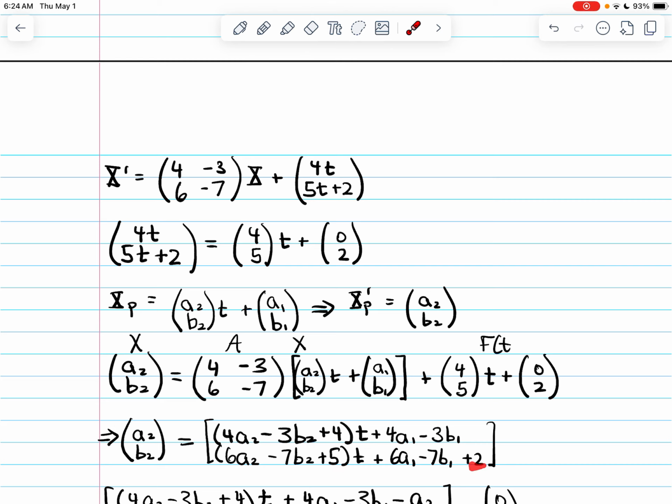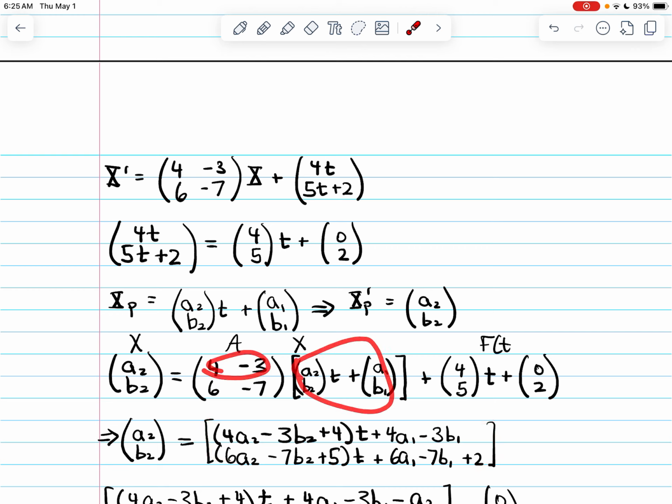And 2 right there. Now I want to take negative 7 times b2 t, negative 7 times b1, there it goes. So in other words, I just multiplied through and gathered all my terms together, and I get this.